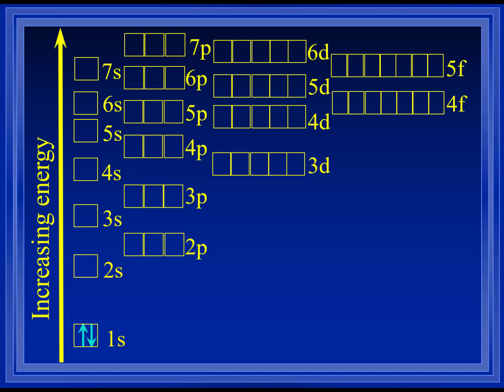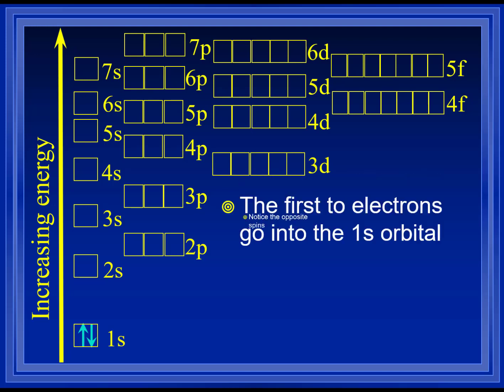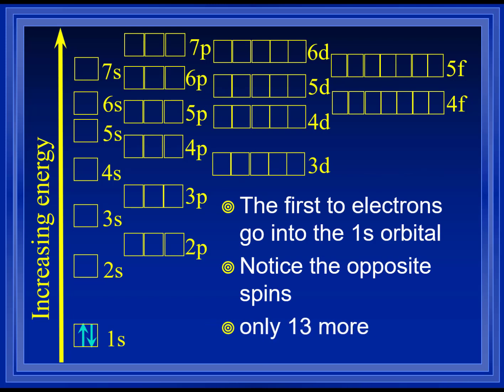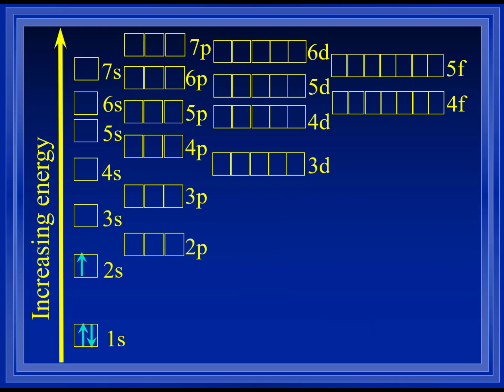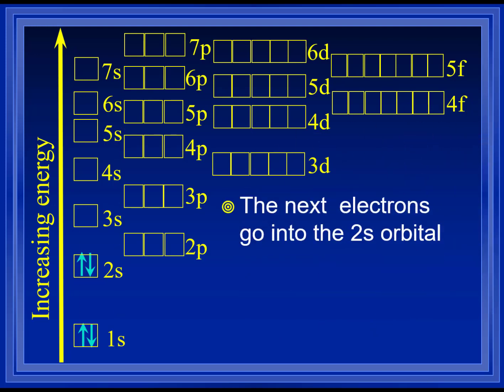Okay, so where are the next electrons going? Okay. I got to keep track. They went to 1s, opposite spins. Then the next ones are going to 2s. And there's 2. So I was going to 15, I got 11 more to go. Working our way up. Where do the next ones go? 2p.